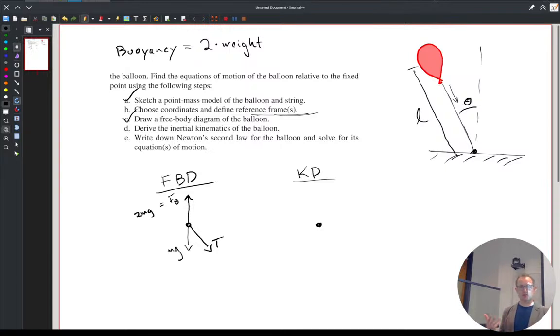We can also use that inertial frame, like when things are moving in a circle, and it works out both ways. So what does our kinetic diagram look like? That's what it's asking when it says, what are the inertial kinematics? Really, it's that kinetic diagram. What is our kinetic diagram for this part?